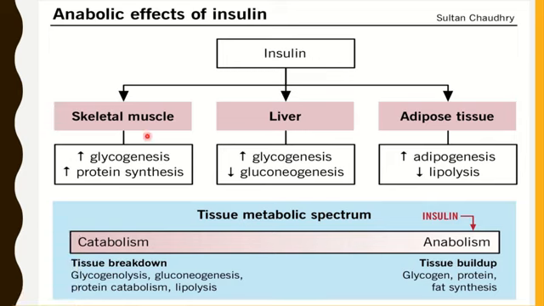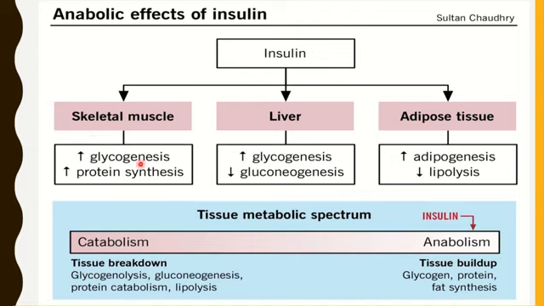It is acting on the skeletal muscles, and it increases glycogenesis. What is glycogenesis? I know everyone who is seeing this video knows, but just for the freshers and as a reminder, glycogenesis means conversion of glucose into glycogen. Glycogen is the storage form of glucose. So what insulin does, it reduces the glucose. How? It will convert the glucose into glycogen.